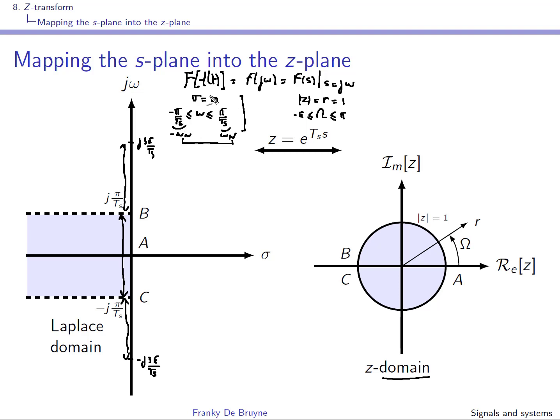If we meet the Nyquist condition and this signal f of t is band limited, then when we go around the unit circle in the z-plane, the mapped frequency response, the mapped spectrum, will repeat itself periodically, and this is precisely what we had seen about the spectrum of the sampled signal in section 6.